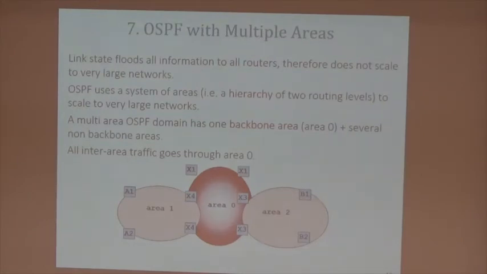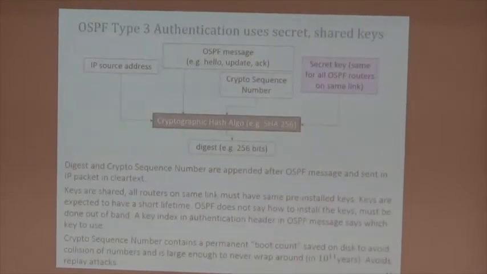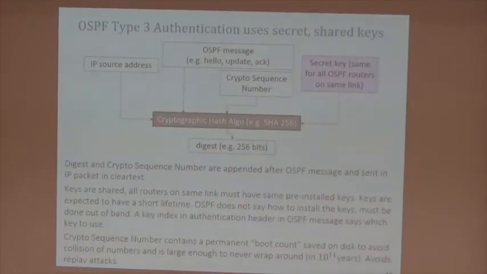Question? Yes, so there is a group of routers that use OSPF, and whenever a new router wants to link to this group, does it also have to have the same key? No, not exactly.